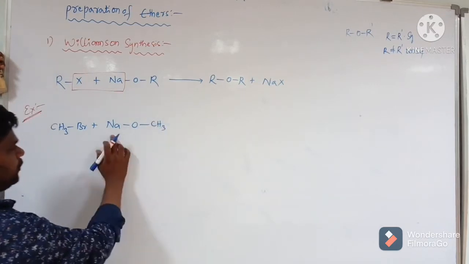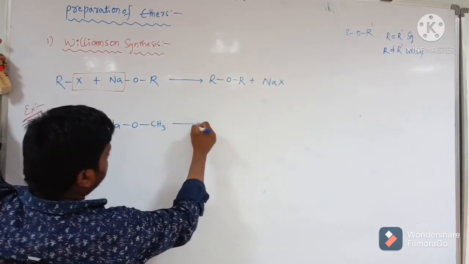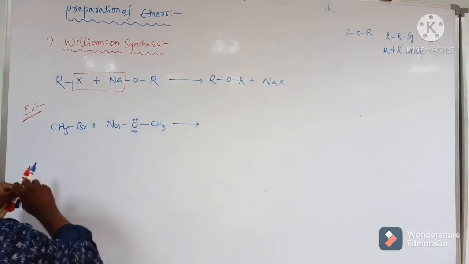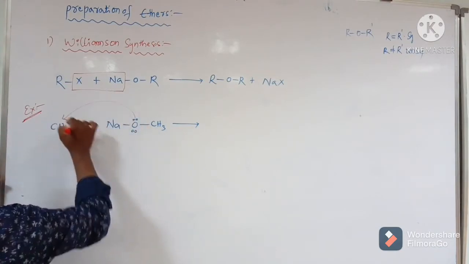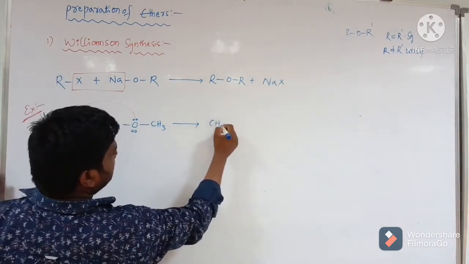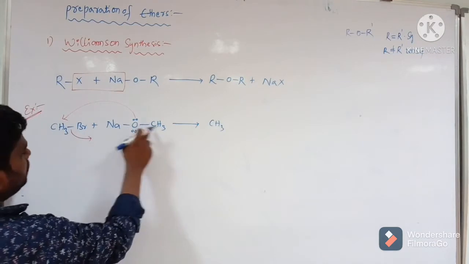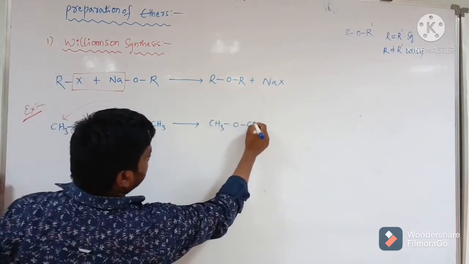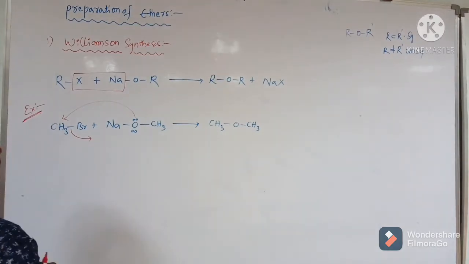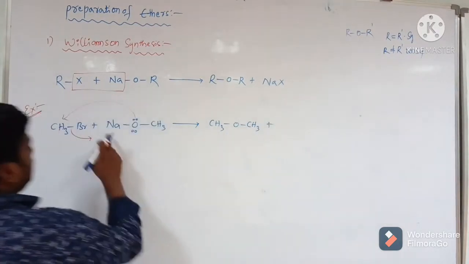The reaction takes place by an SN2 pathway. So like this, we get CH3OCH3, with NaBr remaining.